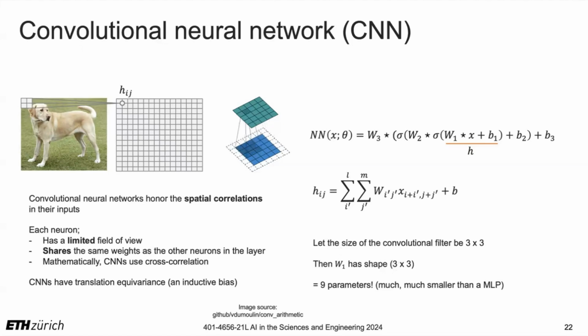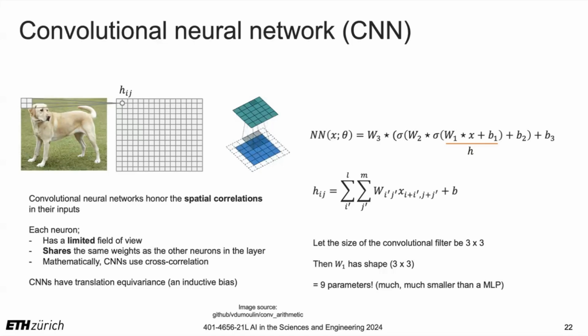So that's dramatically different to 1.6 million weights in the MLP. Mathematically, we can just write this as a cross correlation, and this is the expression. It looks similar to how a fully connected network would look, it's just that we're doing a summation over this filter.